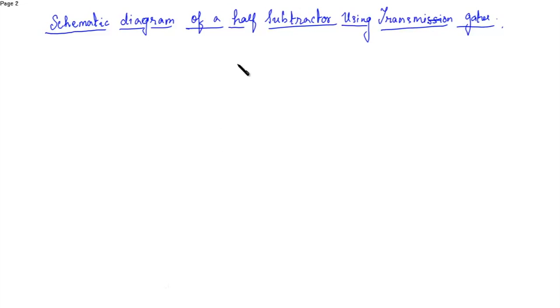So we'll see first the A bar B. So what was the output of A bar B? If it's A and B, output A bar B for 0 0, 0 1, 1 0 and 1 1. For 0 0 it was 0. So you have to keep in mind that first design a transmission gate.